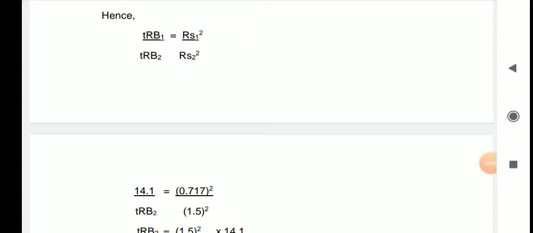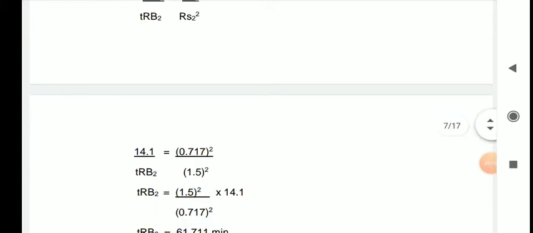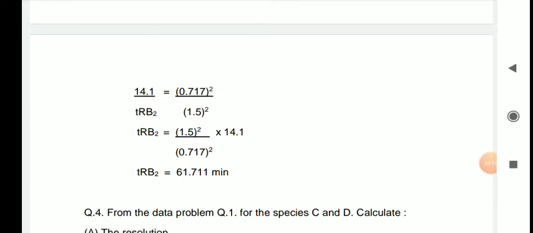Resolution 1 is 0.717 and 1.5 is the wanted resolution. So the tRB value works out to 1.5 square upon 0.717 square into 14.1, which is 61.71 minutes. So instead of 14.1 minutes, the time required to complete the separation of B and C will be 61.71 minutes.